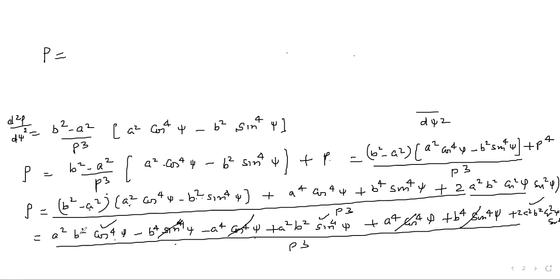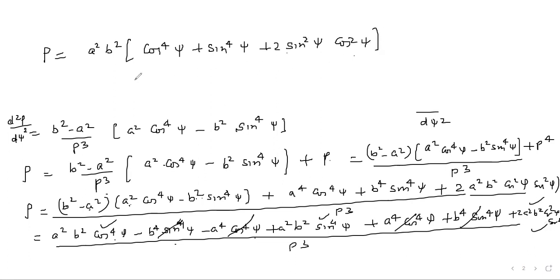We can take out a square b square throughout as common: a square b square, then cos power 4 psi from here, sin power 4 psi from here, and twice of this last term, plus twice of sin square psi cos square psi, divided by pq.